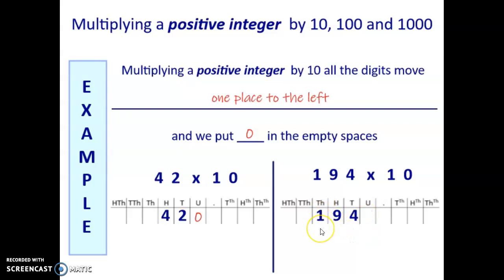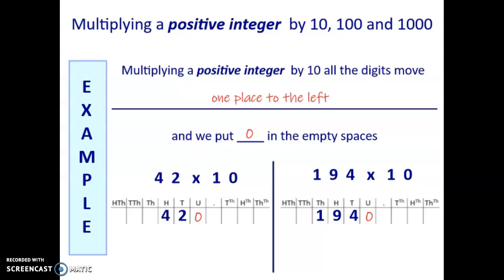So now my 1 is under the thousands, my 9 is under the hundreds, and my 4 is under the tens, but I don't have anything in the units column. What do I need to put in the units column to finish the number? That's right, I need another 0, another placeholder. So 194 times 10 is 1,940.